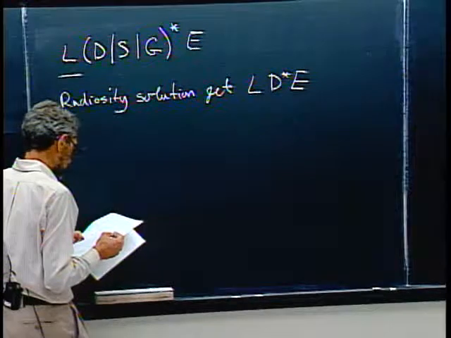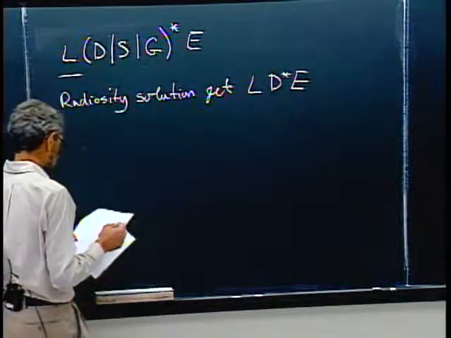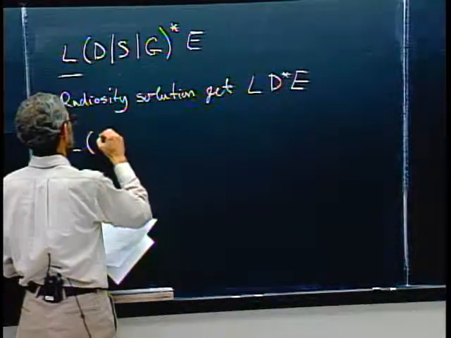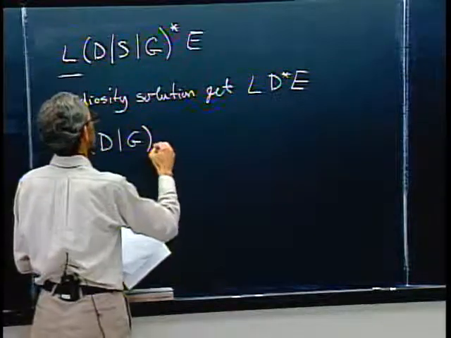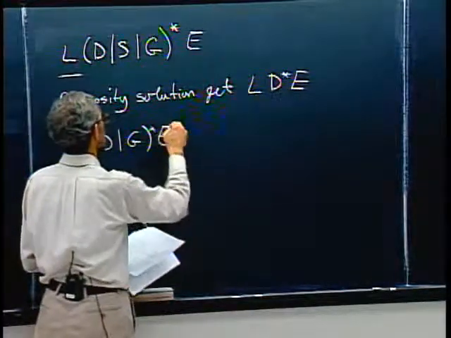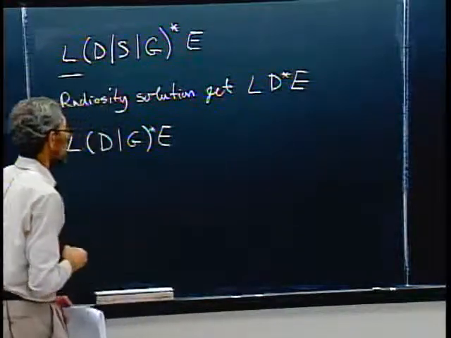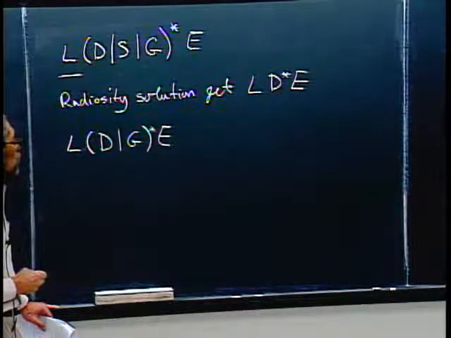Let's see. Suppose we look at L, D or glossy, star E. This is something you could do also by path tracing.